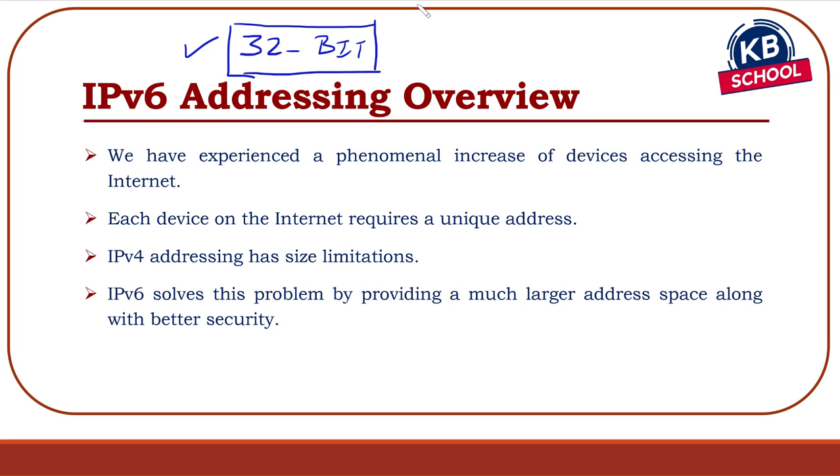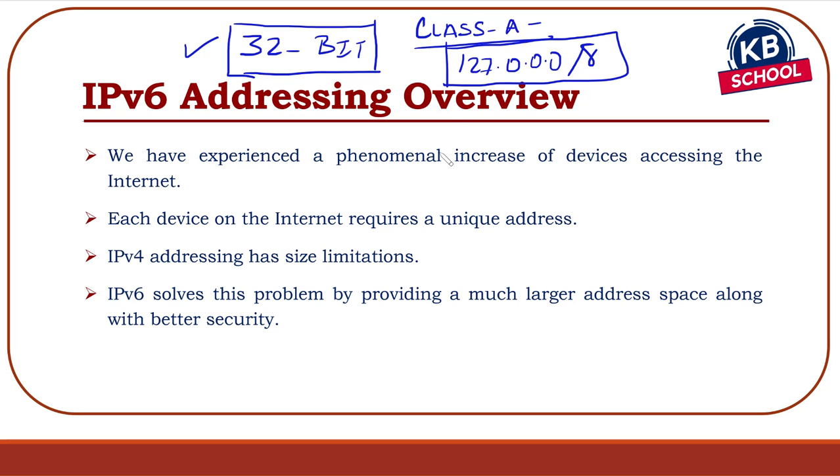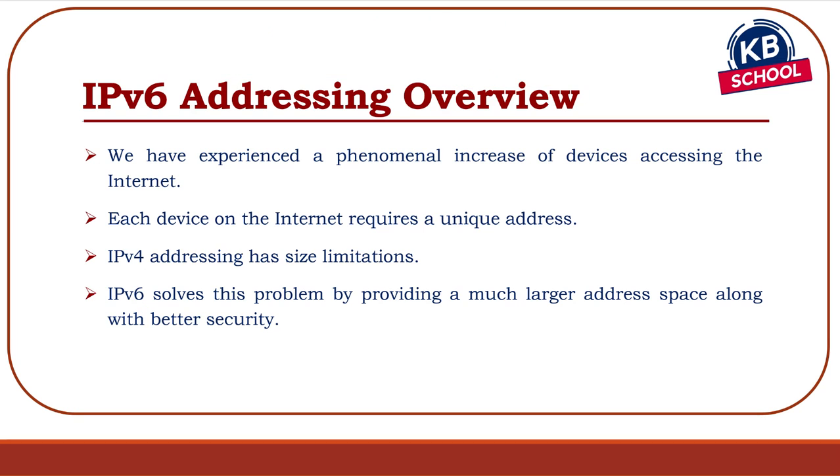They've taken an entire Class A address and used that as a loopback, which is the 127.0.0.0 network, that's completely wasted for identifying the local device. So those types of things have been done with IPv4, which limits the number of addresses that you have with IPv4. And that's where IPv6 comes in and solves the issue, by giving a much larger space of addressing that is available to you.